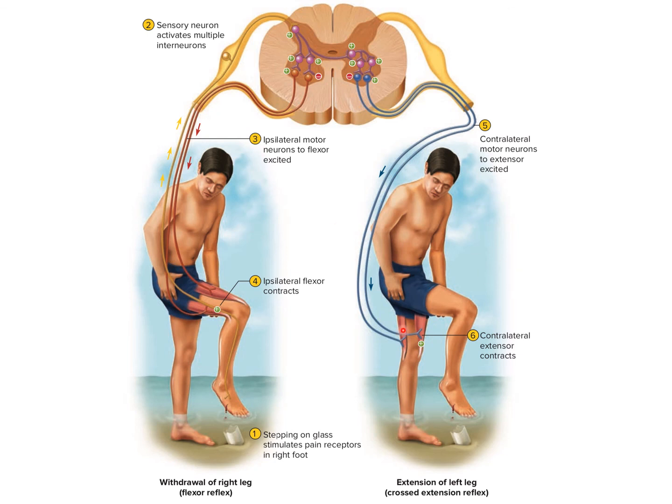However, in the contralateral leg, the extensor is excited, while the flexor is inhibited in order to make sure that it is held in place. Okay, this is called the crossed extension reflex and the flexor reflex. And you can see that it is a very complex pathway, and this is not even the least.